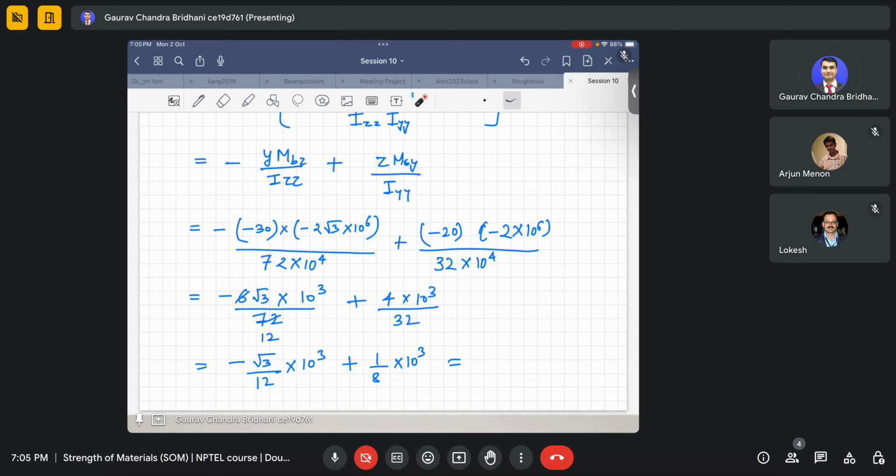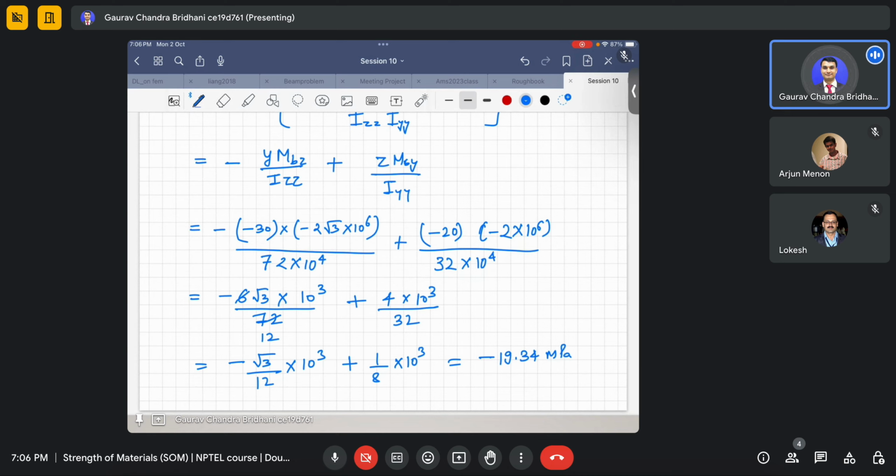So yeah, this one is a negative sign. Okay. Yeah, now this is lower. So minus 19.34 MPa, because everything is in Newton and mm, so it will be MPa.